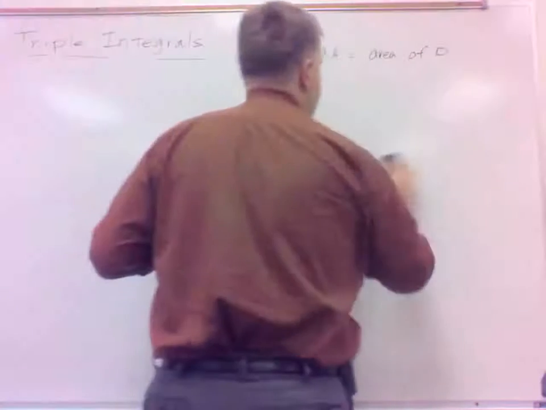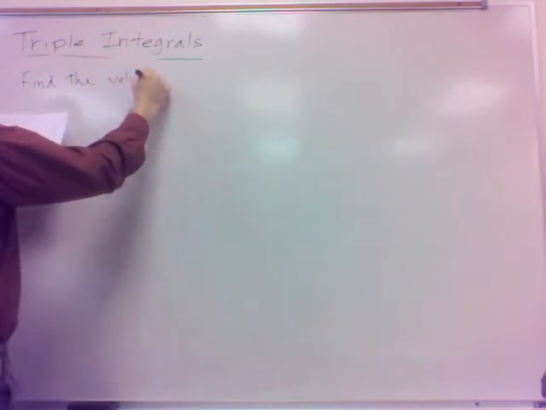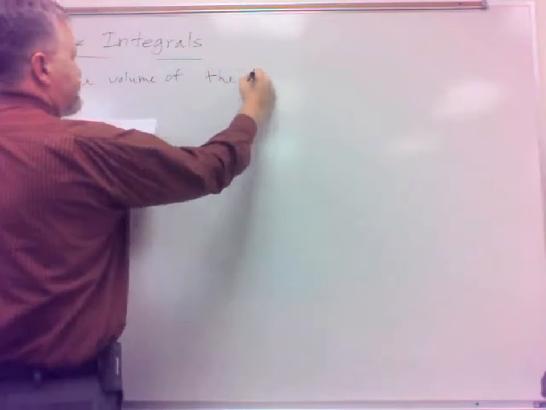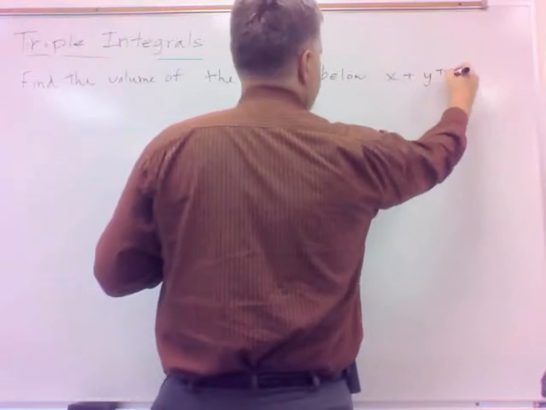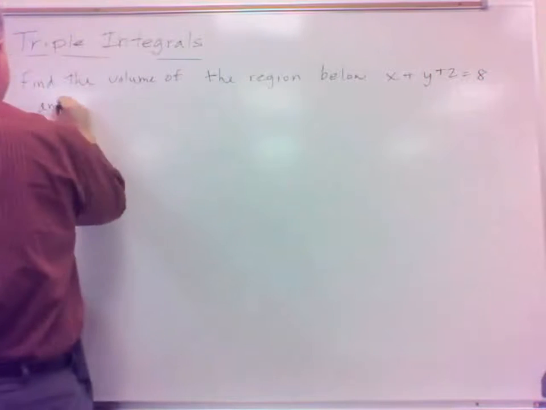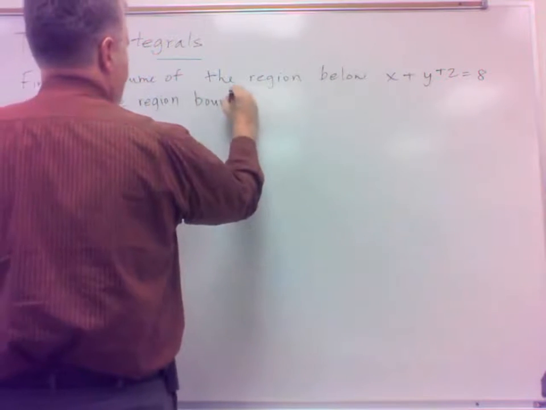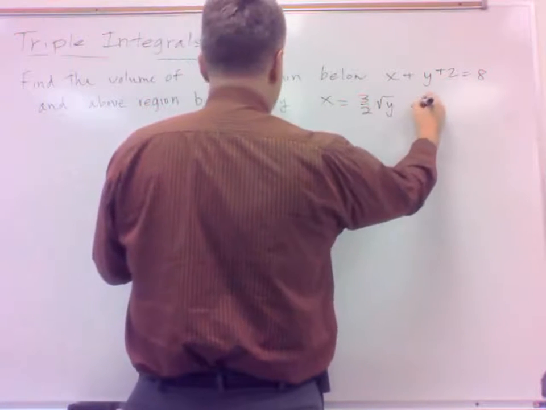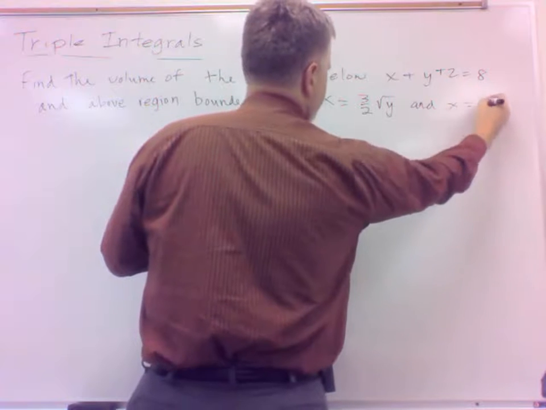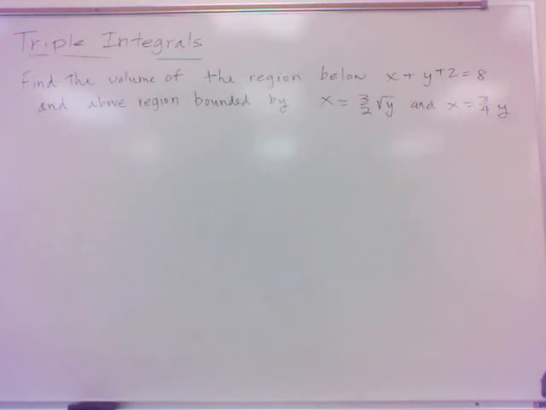All right, find the volume of the region below x plus y plus z equals 8, and above the region bounded by x equals 3/2 square root of y and x equals 3/4 y. Oh, in the xy plane.